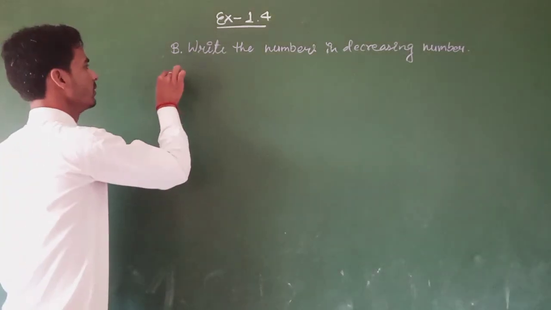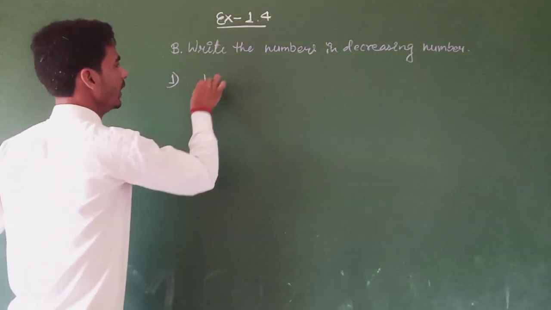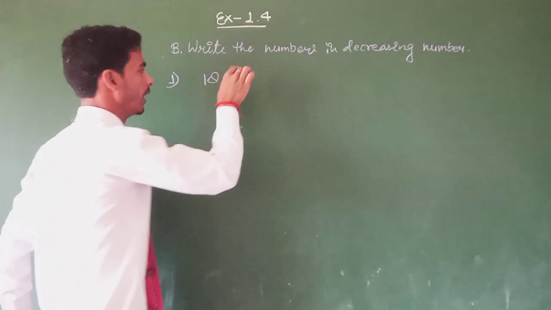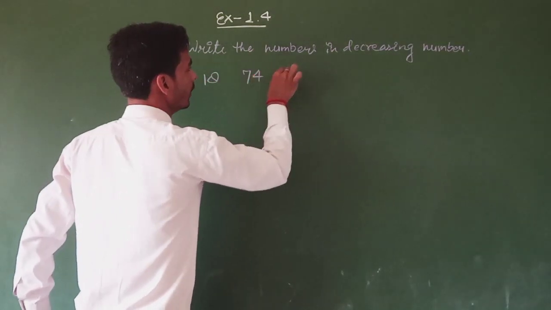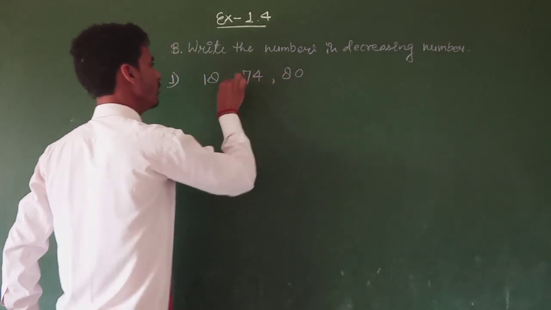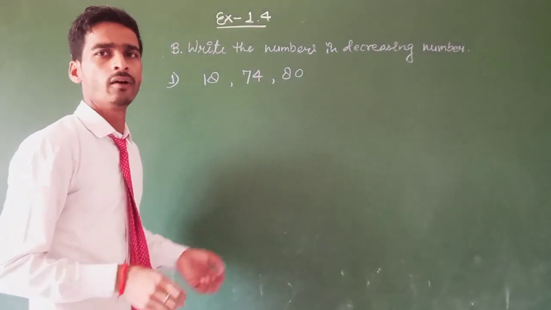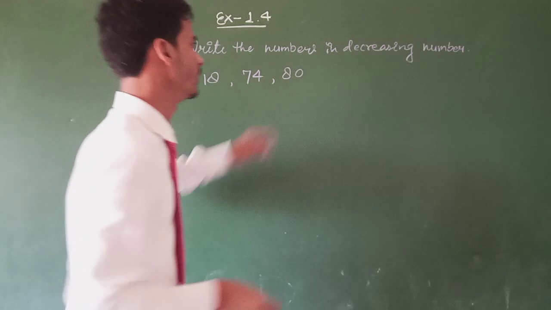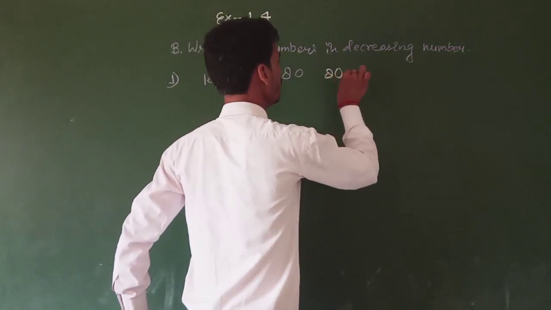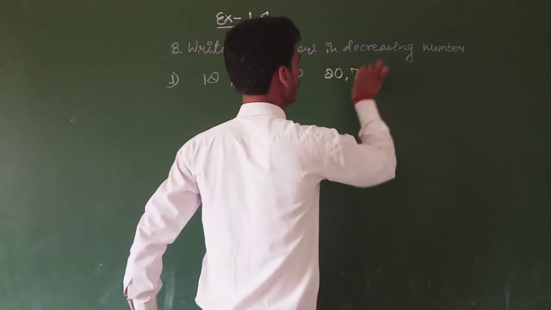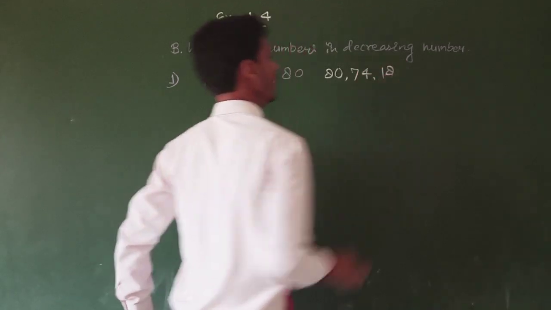Now come on question number first: 18, 74 and 80. When we arrange it, firstly we have to write greatest number, so 80 is the greatest in all, and after that there will be 74, and after that there will be 18.